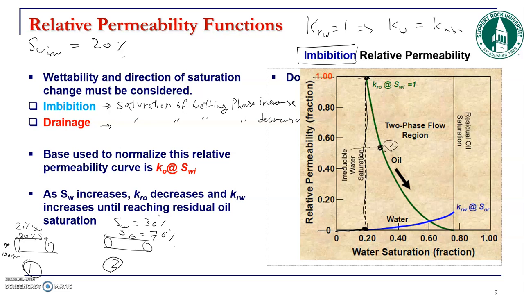Now, at state 1, the relative permeability of oil was equal to 1, and the relative permeability of water was equal to 0. At this point, the relative permeability of oil drops to 0.5, right? I'm just reading that point from the relative permeability curve. So Kro is 0.5, and Krw at that point, you have to use the blue curve at that specific saturation.